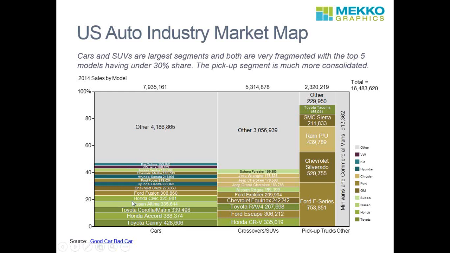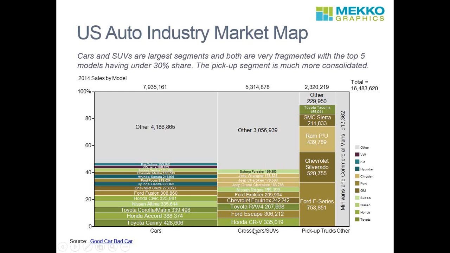So you can see that cars are dominated by Japanese manufacturers and relatively fragmented, where the top 10 or 15 models still only make up about 15% of the market.